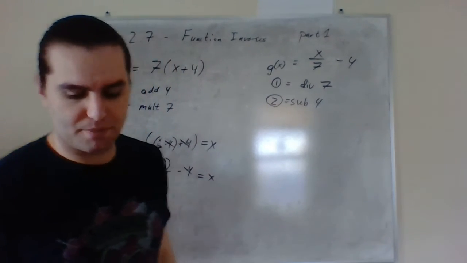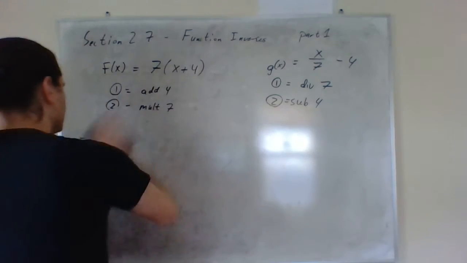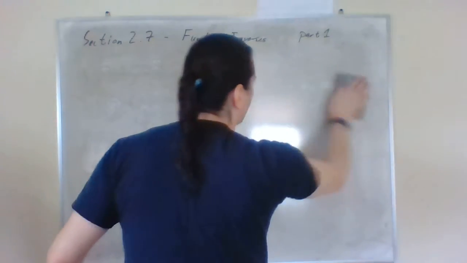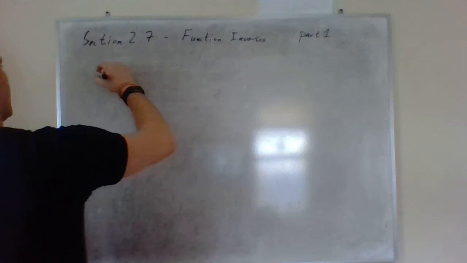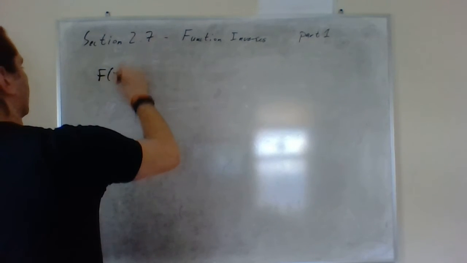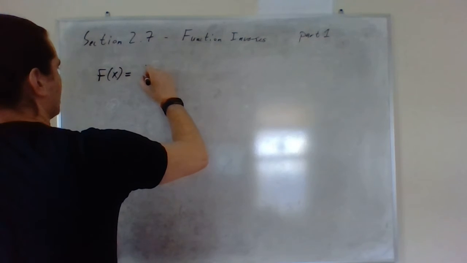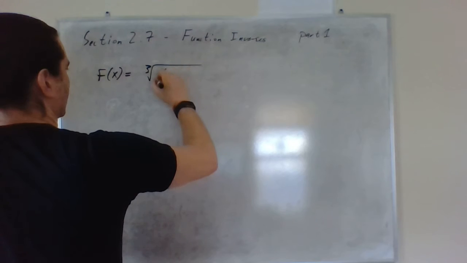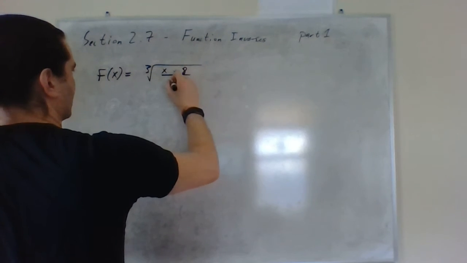I'm going to do one more example of these things, and then I'll show you how the book finds inverses. And then I'll do the one example that's really hard. So let's make something a little more interesting. Let's say that f of x equals the cube root of x plus 8 over 5.